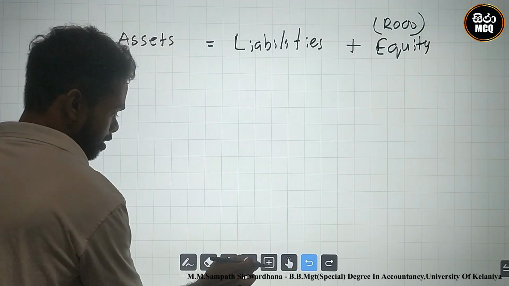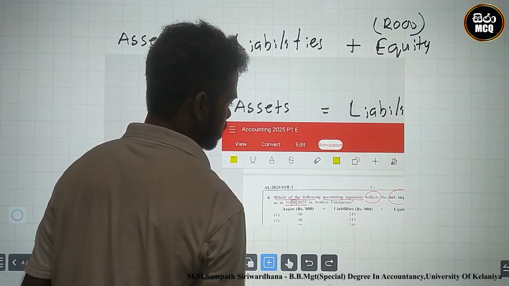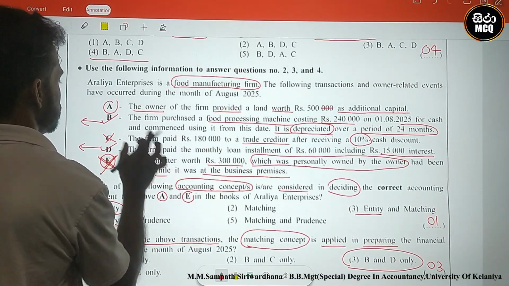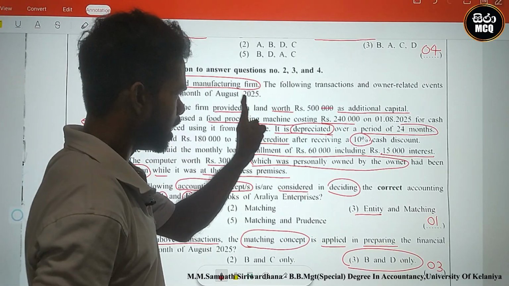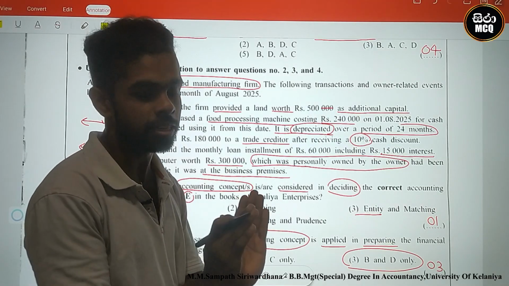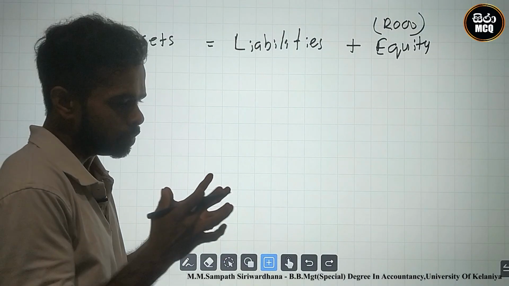Okay, let's see what the first transaction is. The owner of the firm provided land worth 500 as additional capital. There is land being provided. What's the impact? There is a visible thing.